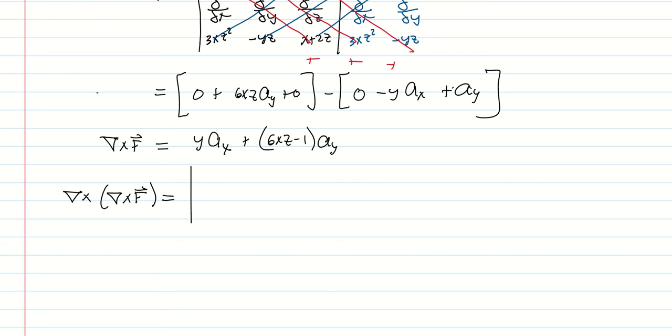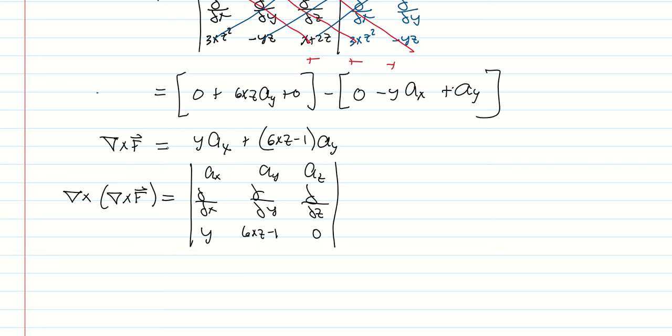So repeat the process again. Ax, ay, az. Then we have partial derivative with respect to x, partial derivative with respect to y, partial derivative with respect to z. Then the components: y, this is 6xz minus 1, and we have 0. And copy this. Then let's do the multiplication again.